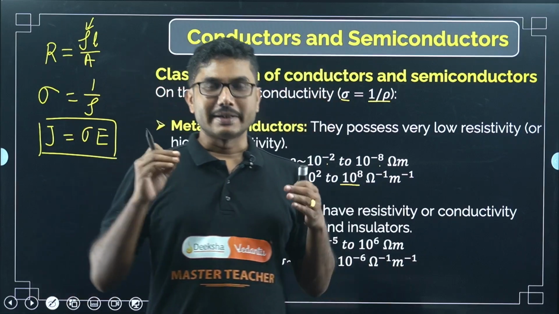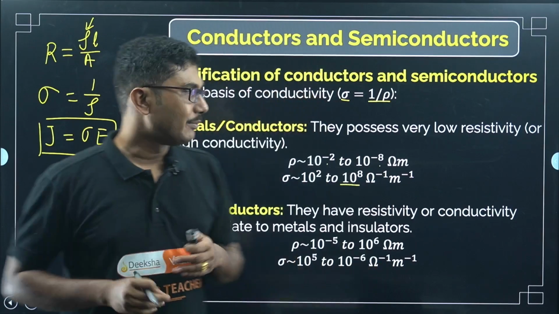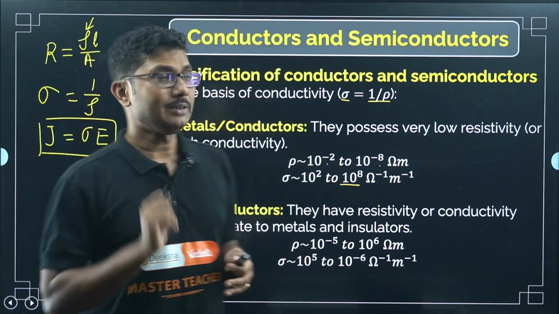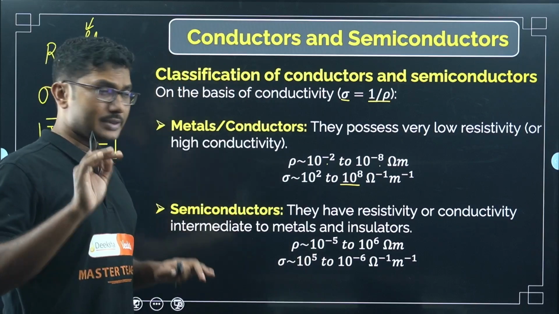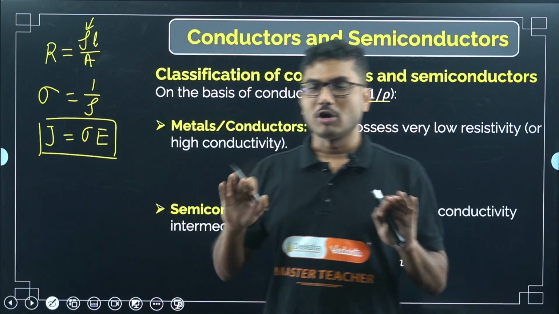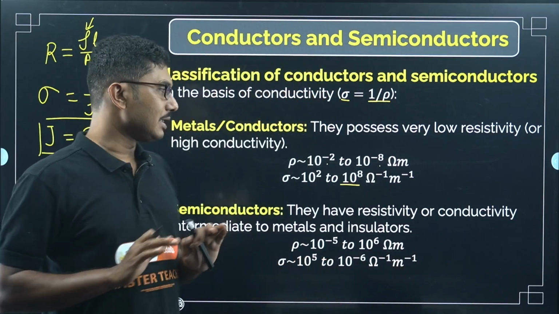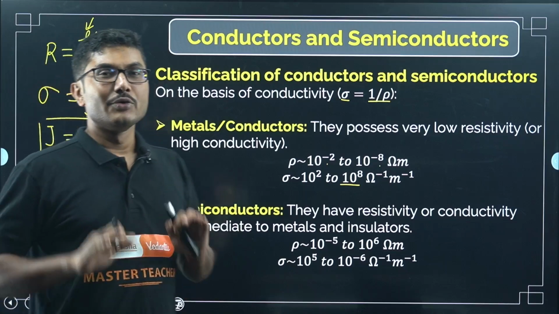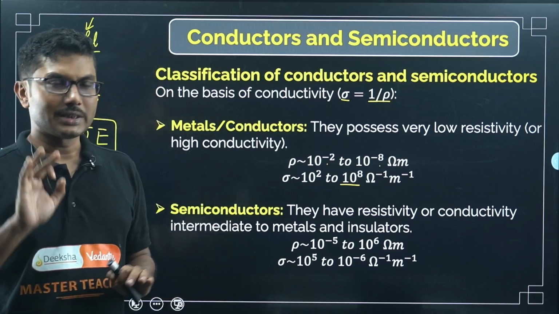They have certain properties, and sometimes they behave as insulators, sometimes as conductors. That is why they are very interesting. We will see that throughout the chapter. Once the chapter is completed, I hope all of your doubts and questions will be cleared. But so far you should know that semiconductors are something in between insulators and conductors.